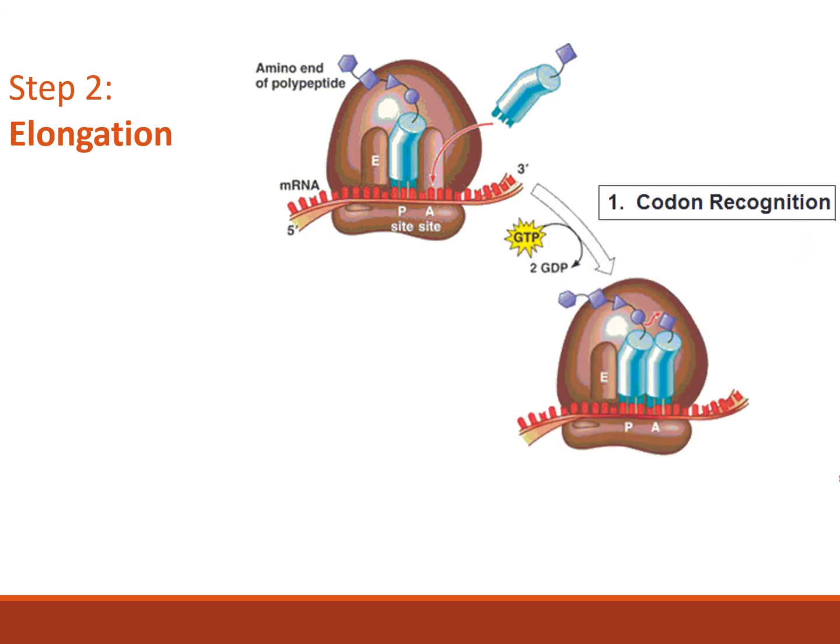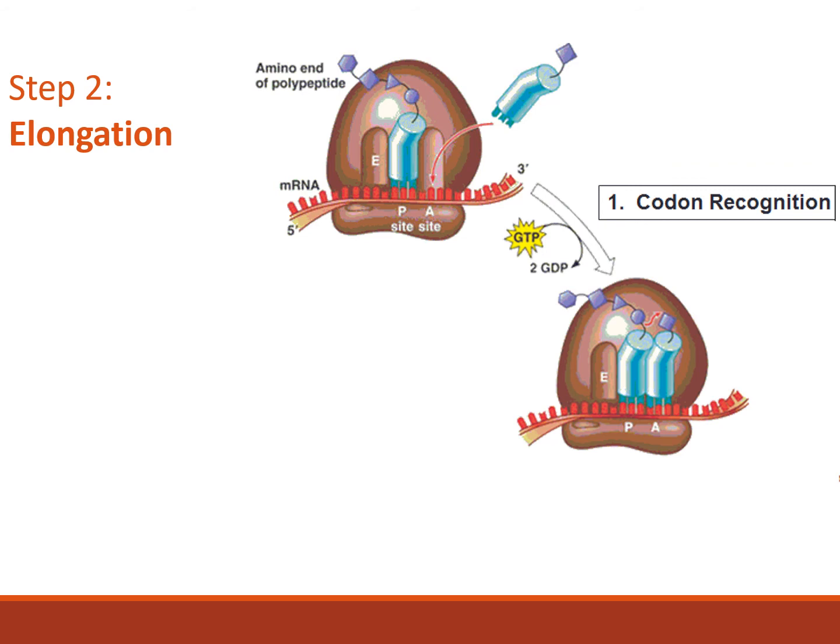So here we see the transfer RNA that had the anticodon that was complementary to the messenger RNA codon has entered the ribosome at the A site of the large subunit.